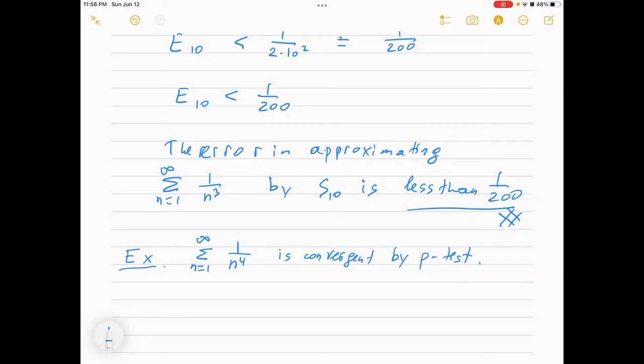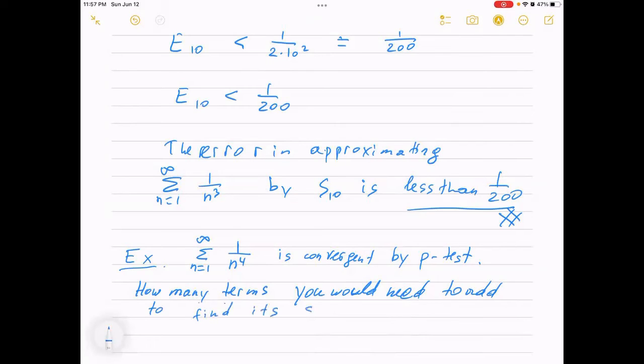So the question is, how many terms do you need to add to find its sum accurate to within 0.01?